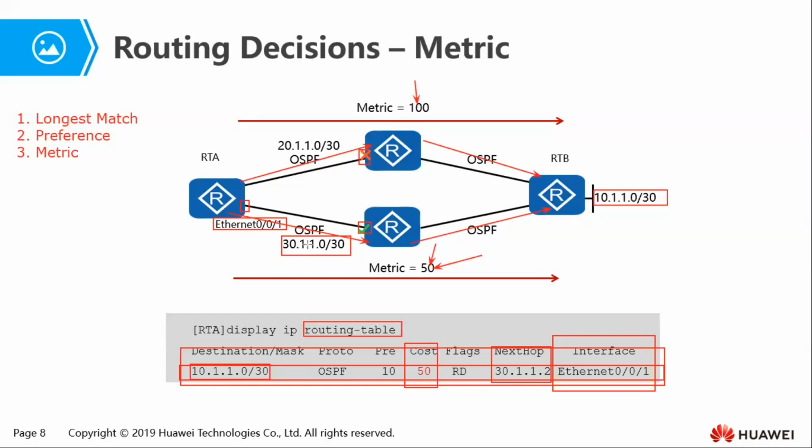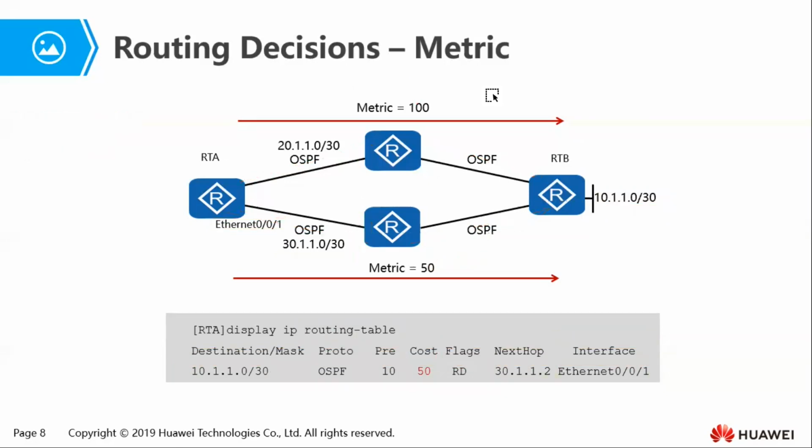The assumption here is that this interface is going to be assigned the IP address of .1, while this interface here is going to be assigned .2. Thank you for asking that. So this is going to be .2, this one is going to be .1. Okay, thank you. So I think now we can move on.